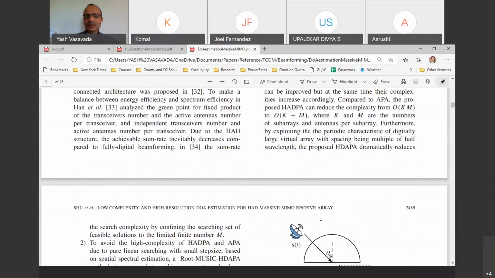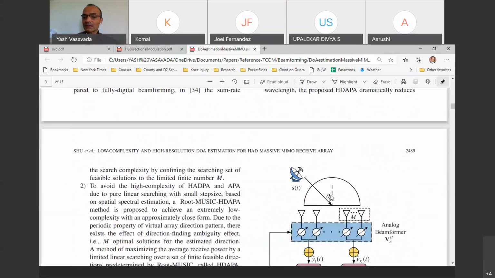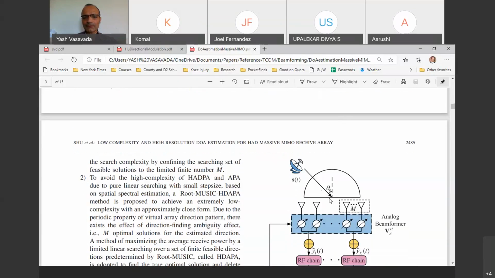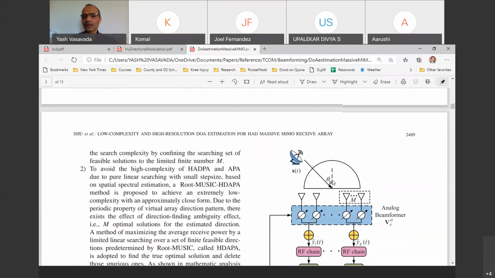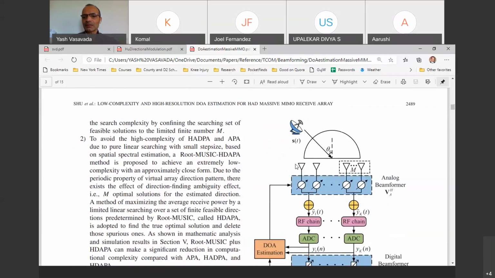What they have done is essentially your CT509 lab number 3 that you are doing, where their goal is to estimate the direction of arrival. You are able to see this, right, by the way? Yes, sir. They're trying to estimate the direction of arrival using a massive number of antennas.